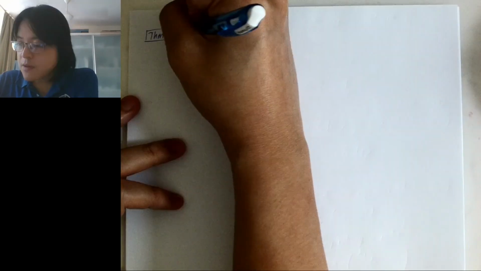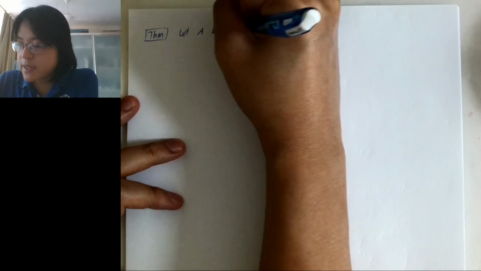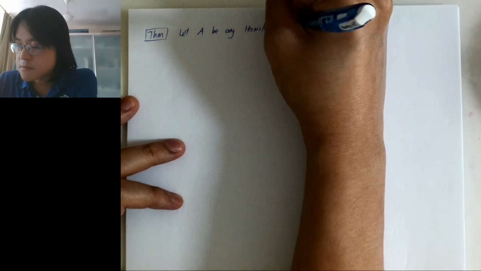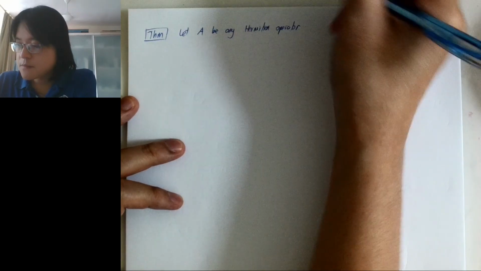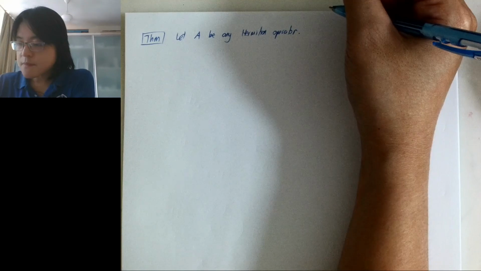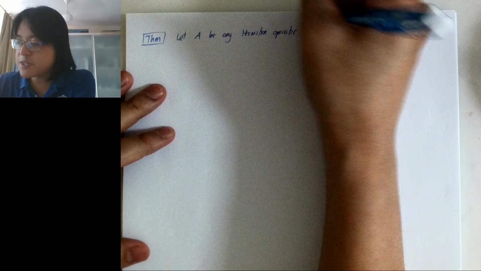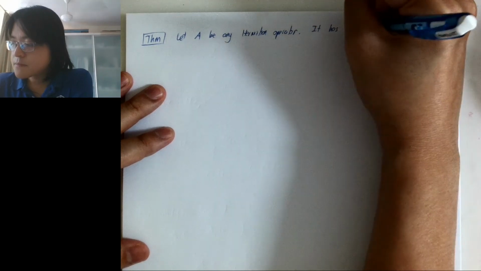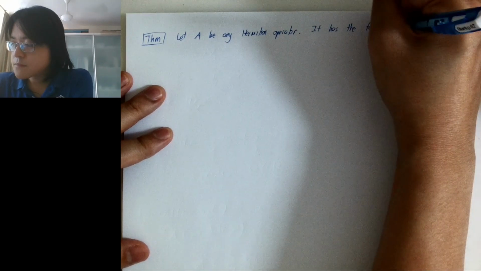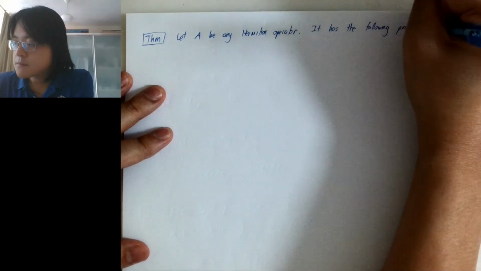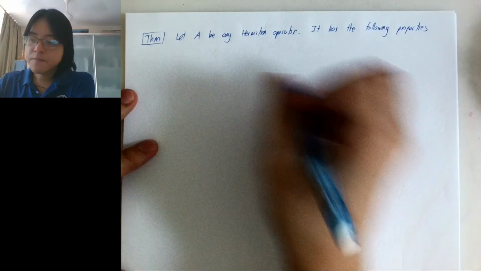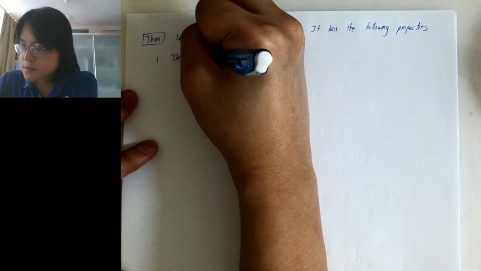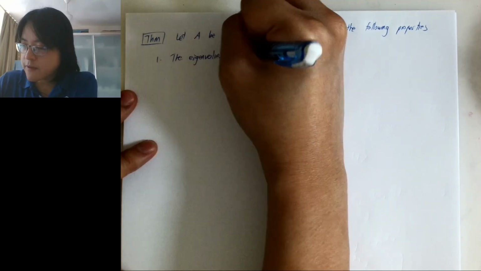Okay, so let A be any Hermitian operator. Or actually, a Hermitian operator has the following properties. The first property is the eigenvalues of A are real.